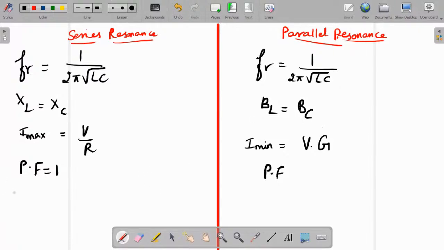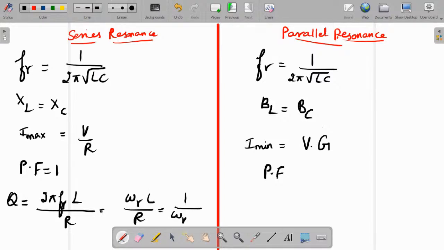Next, Q factor. Q factor is the selectivity. It denotes the sharpness of your resonance. In series resonance the formula is 2 pi FR into L divided by R. In case the resonant frequency is given, or omega is given, it is omega R L by R, or that is equal to 1 by omega R into RC.